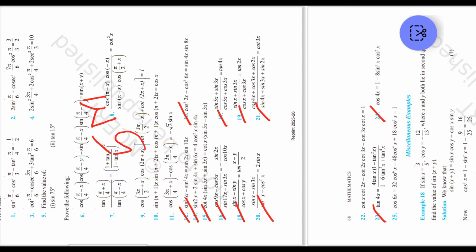So in this formula, sin 3x, cos 3x are also important. These two are very important for 3 marks questions. At least any one question is definitely asked in your examination.